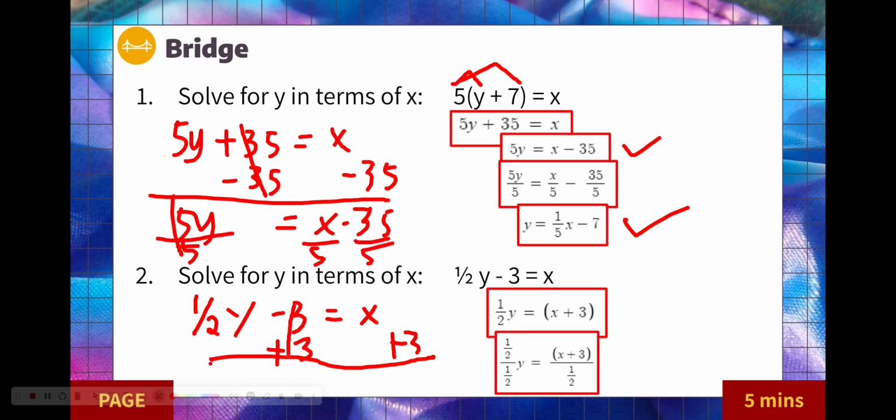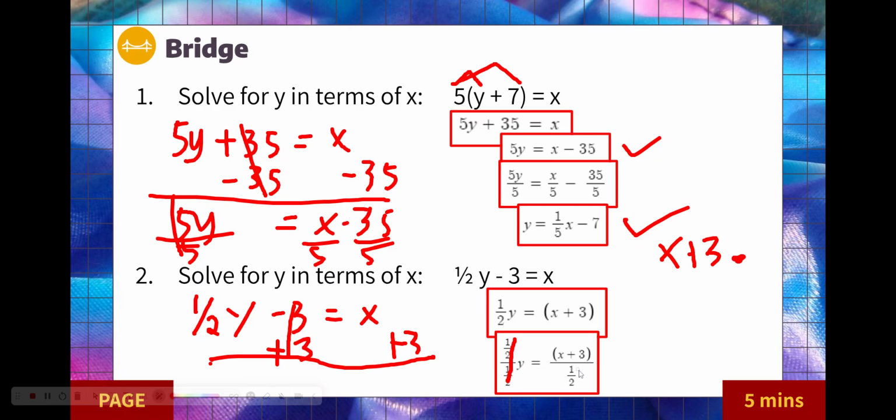Okay, so then I will divide each side by 1/2, so it will become like this, and then cancel out this one, so y will be equal to x plus 3 over 1/2. Then simplify the right side of the equation: x plus 3, and then the inverse of division, which is this bar line, is multiplication.